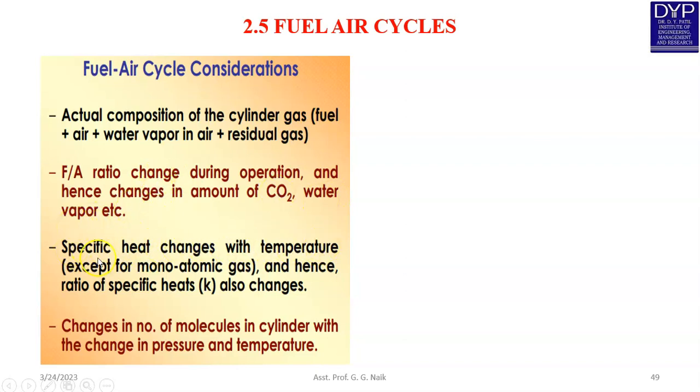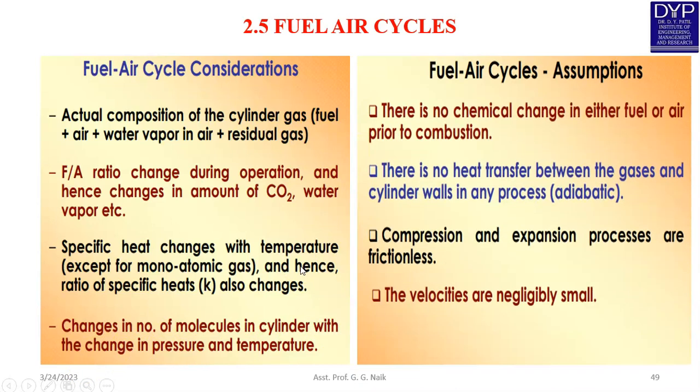Specific heat changes with temperature except for monoatomic gases, and hence the ratio of specific heats also changes. But in air standard cycle analysis, we have assumed that it is constant. But here we are saying that the specific heat also changes. There are also changes in the number of molecules in the cylinder with the change in pressure and temperature. So that is also one of the reasons here.